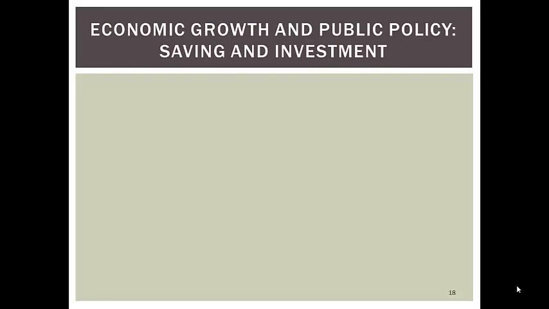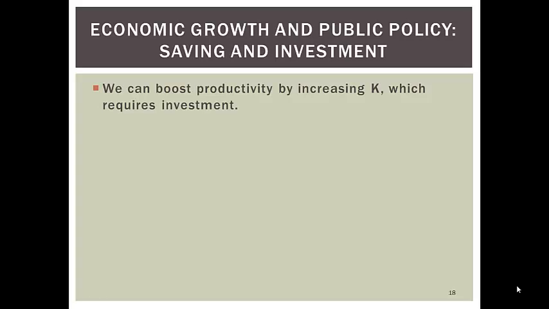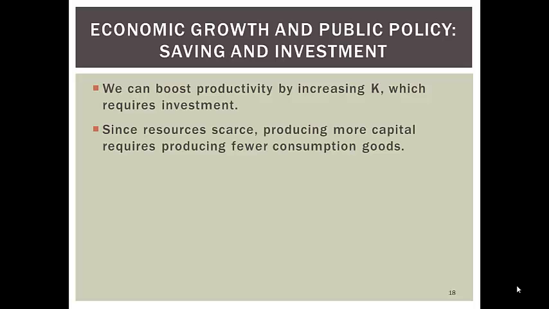So how can we ensure that our countries receive that necessary capital? We can boost productivity by increasing the capital, which we denote by the letter K. Capital requires investment. In order to purchase that calculator, we need to make an investment in that calculator. Remember that investment in economics is defined as a purchase of physical capital.